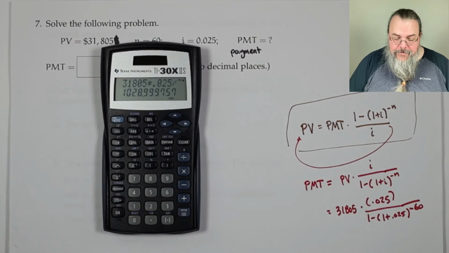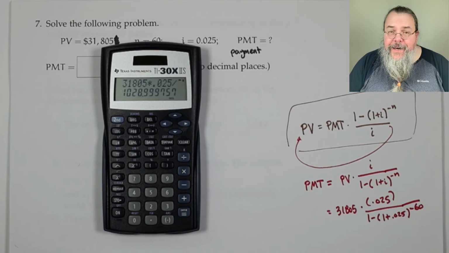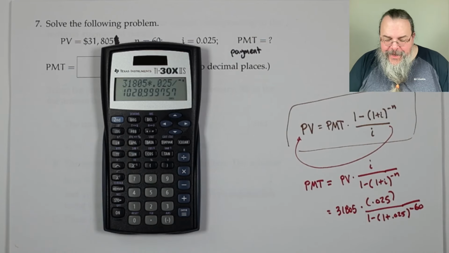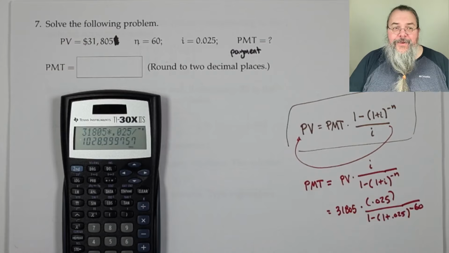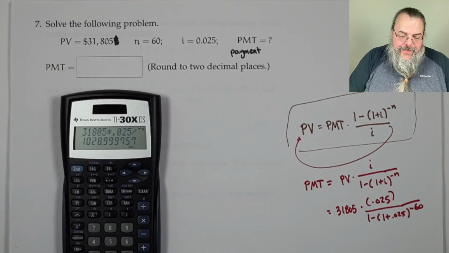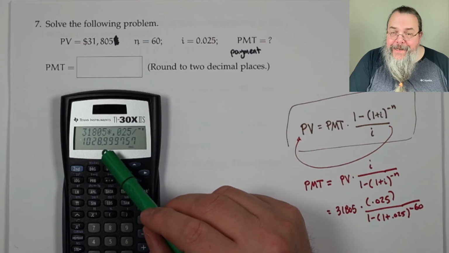What does that equal? And the answer is 1,028.999. Okay, well, what are we going to do? Round to 2 decimal places. So in other words, we're rounding to the nearest cent. And very conveniently here, you look and say, oh, 0.999.